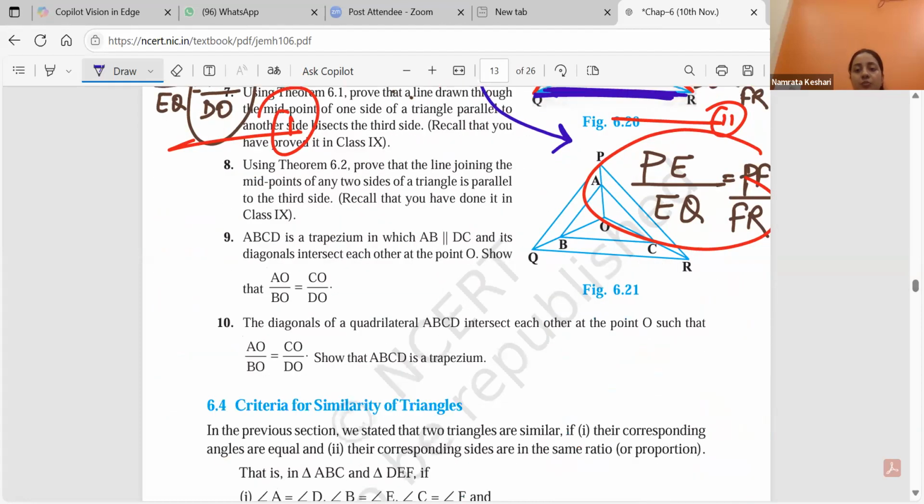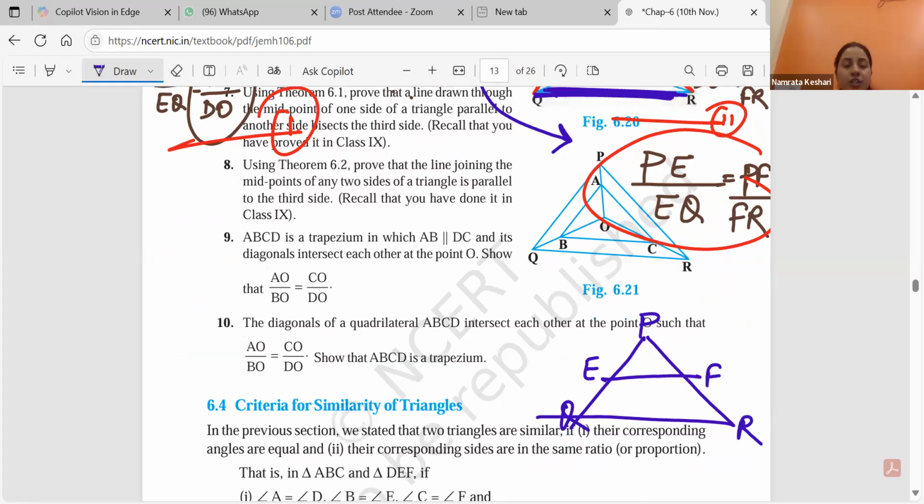Just draw the triangle separately. Compare the ratio PE by EQ, PF by FR. Can we use converse of basic proportionality theorem? Can we say that EF must be parallel to QR since the ratio is the same, by converse of basic proportionality theorem? Yes or no?